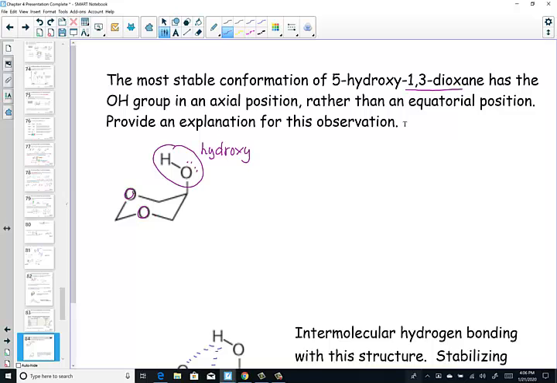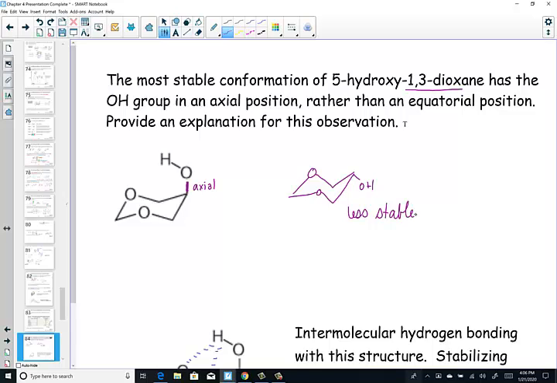So I have this up in the flagpole position. Notice that this OH is truly in the flagpole or axial position, and it's saying that's the most stable conformation over the equatorial. If I were to draw this in the equatorial position, this is less stable, and they're asking you to consider why.